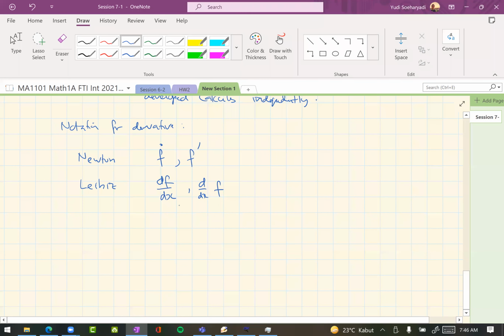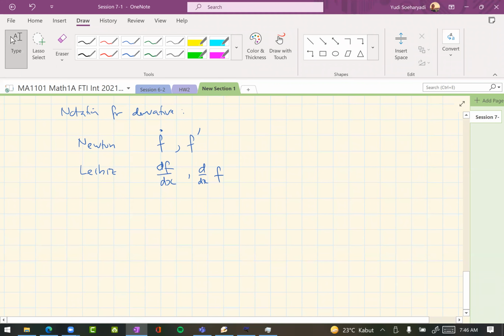In a sense, later on you'll see that the Leibniz notation is more convenient because it is more informative. It points out what the variable is, what the function is. So this is Leibniz notation, as delta x goes to 0.